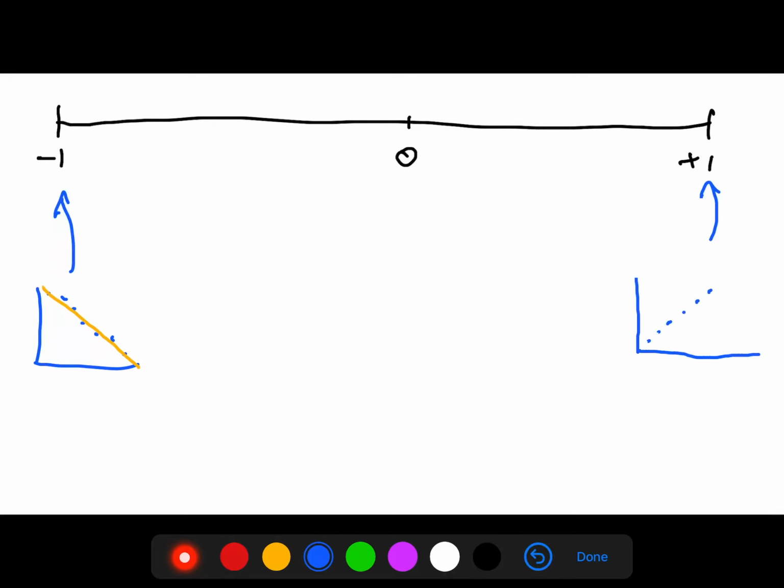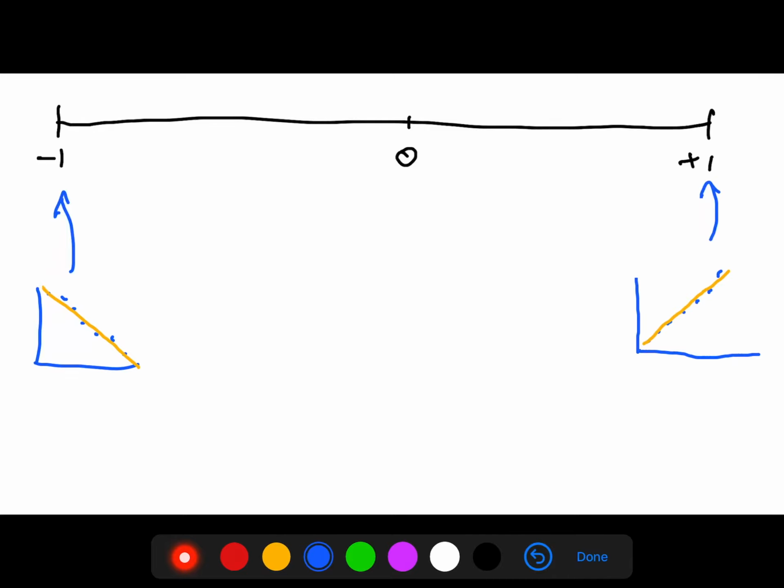The only difference is my dots would be going upward. And so again, I would get a line that's kind of right in the middle of them. And it's really close to a straight line. If it's exactly +1, then it's a perfect line. But if it's just like 0.99, 0.98, then you're getting something that's very, very close to a line.